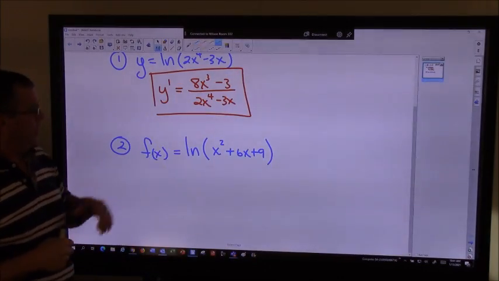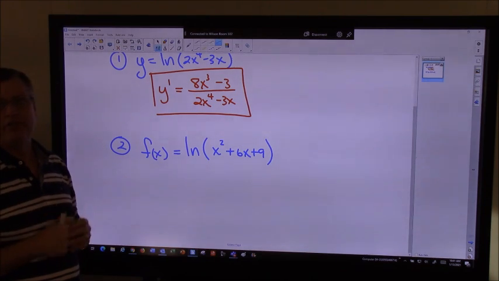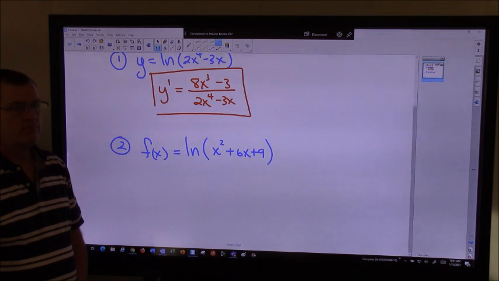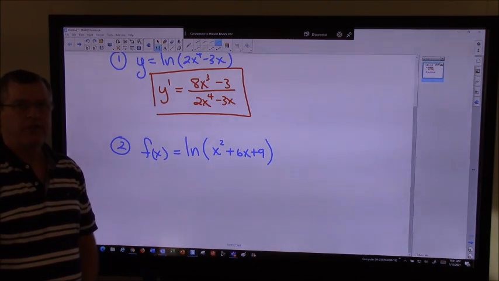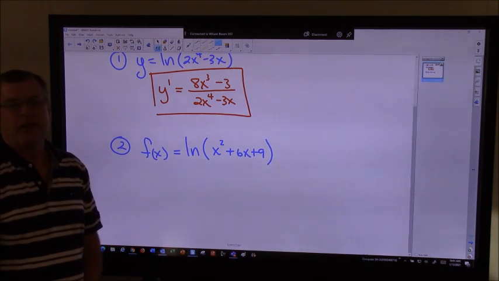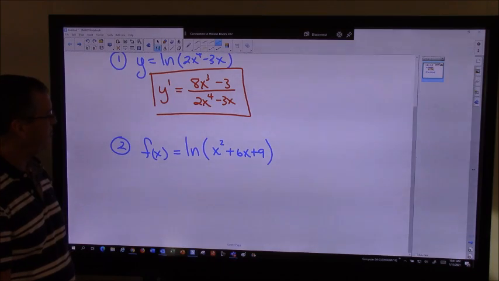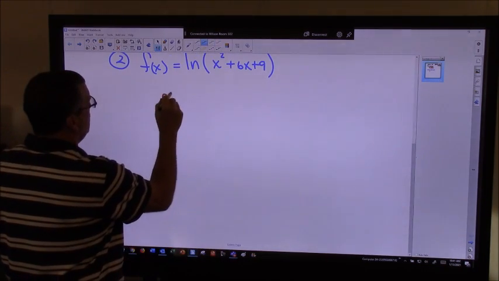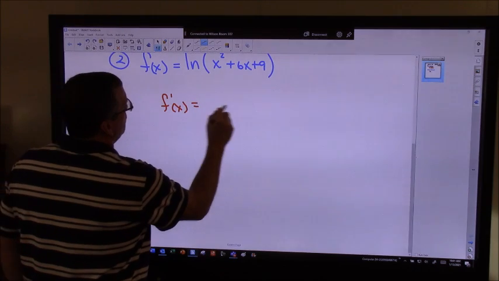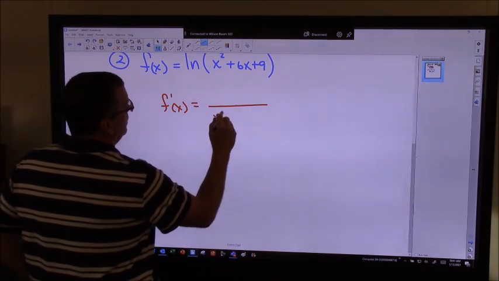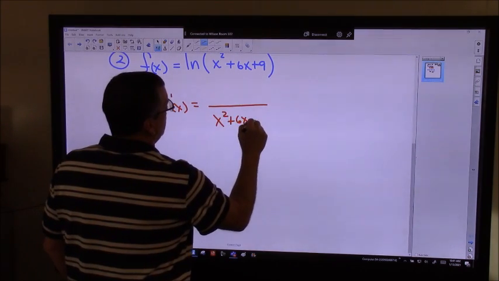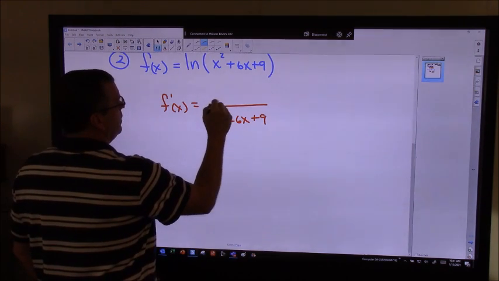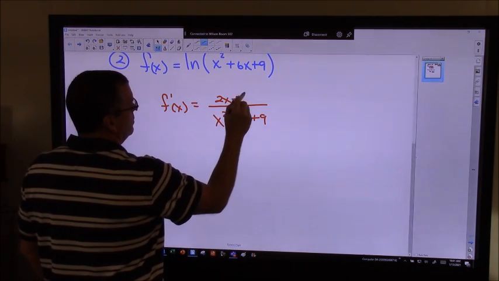All right, let's try another one. You guys go ahead and try this one. You just want to find the derivative. You almost don't even have to pause, because that's about how long it takes to do the problem. So I would say f prime of x is going to be, I'll put this in the denominator, x squared plus 6x plus 9, and then in the numerator, the derivative will be 2x plus 6.